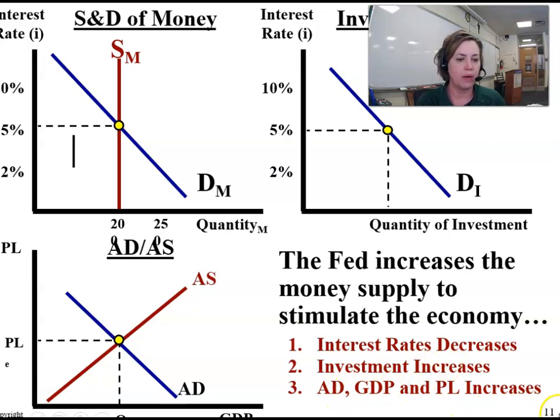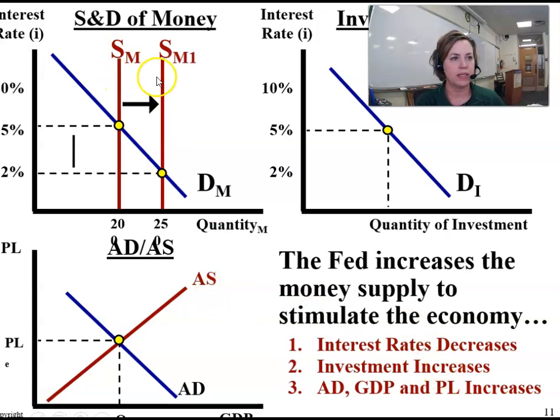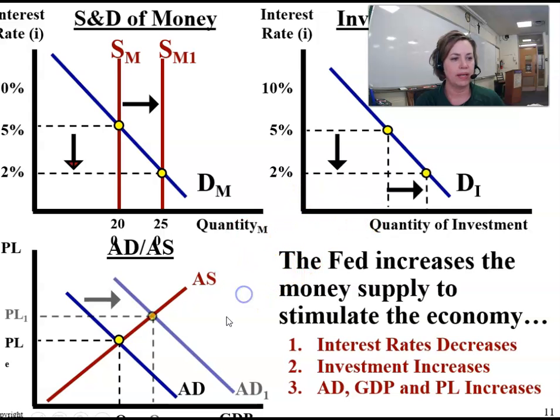Aggregate demand would go up, GDP and the price level would increase. So here we see the money supply expanding, interest rates falling. Then we have aggregate demand going up here, real GDP going up along with the price level.